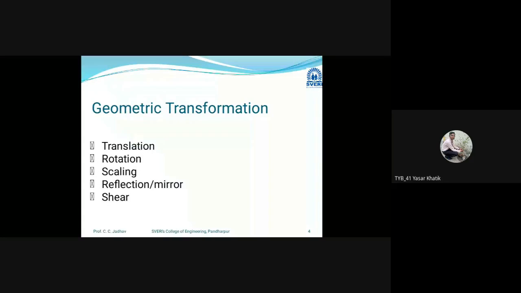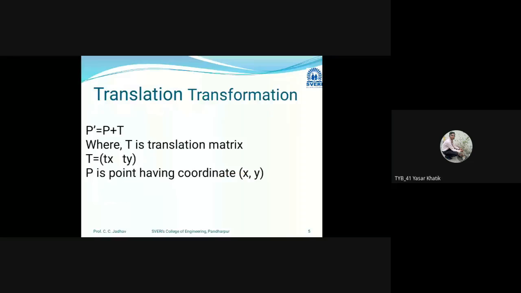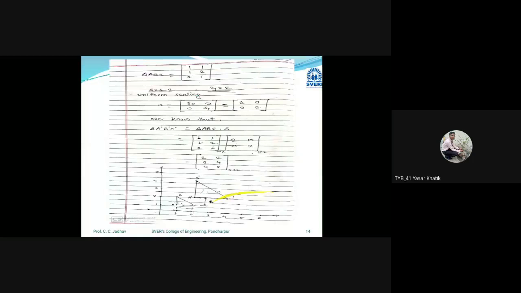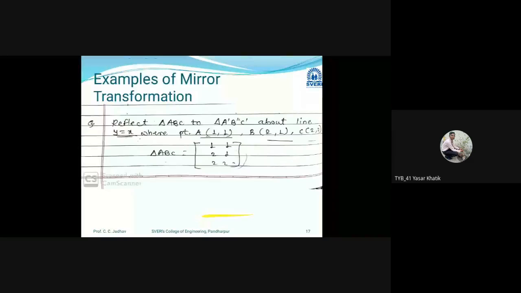For that purpose we have seen the geometric transformation matrices for these 5 conditions: translation, rotation, scaling, shear, reflection, mirror. So we have seen the simple problems on that.